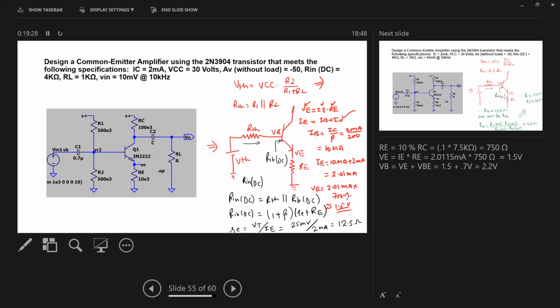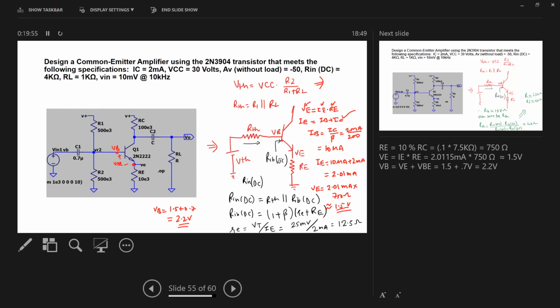Okay, so VE is known. So obviously, if you know the voltage VE, then VB would be VE plus VBE. So VB will be equal to 1.5 plus 0.7, which is about 2.2 volt.